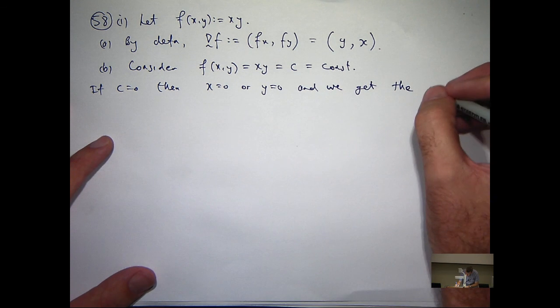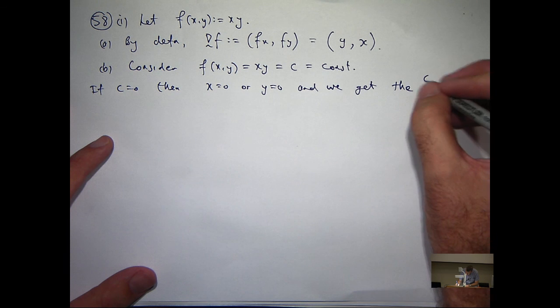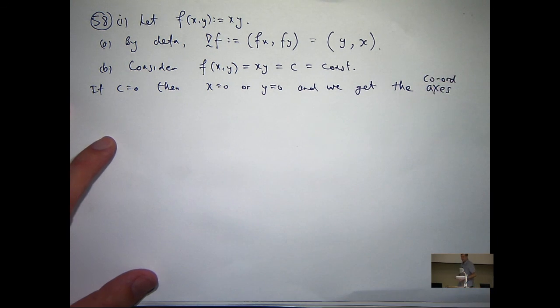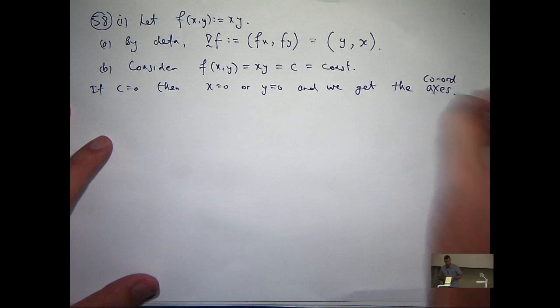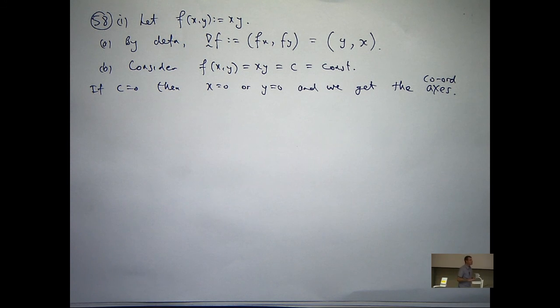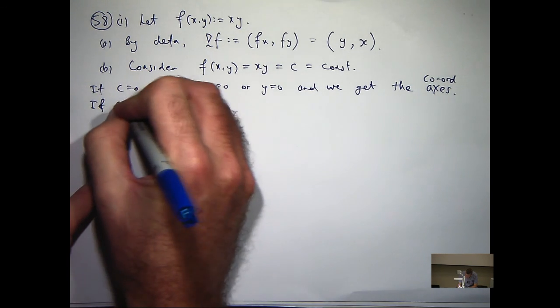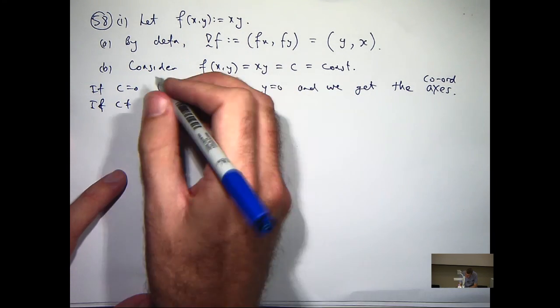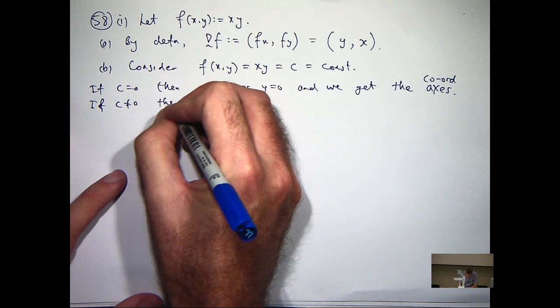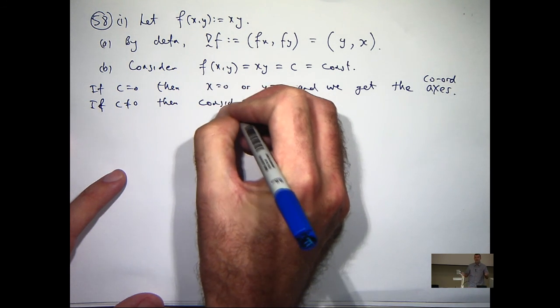So we get the coordinate axes. Okay, I'll draw them in a second. Now, if c is anything other than 0, we can rearrange this and turn it into something we can consider.